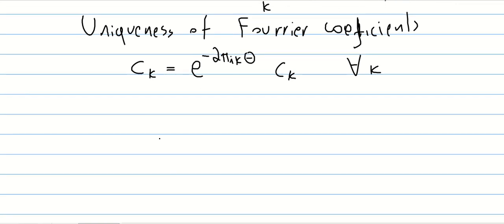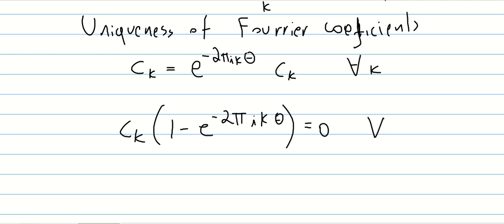What this says is that c_k times 1 minus this exponential is equal to 0 for every k. Of course, what is in the right here is very explicit. We don't know what c_k is, but what's in the right is very explicit.